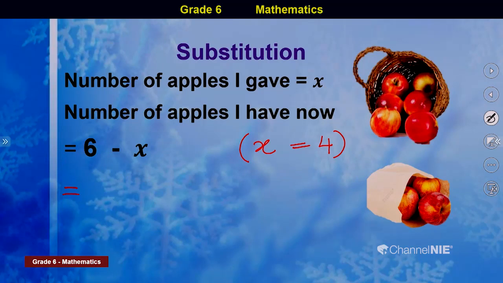I write 6 as it is. Then the mathematical operation we have is subtraction. For x, I can replace 4. Why? Because I know that x equals 4.